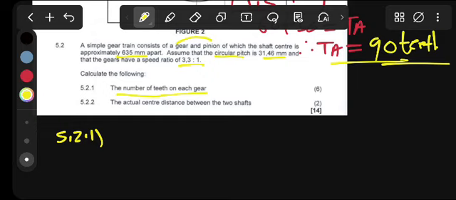Taking advantage of the circular pitch, we know this is given by pi multiplied by the module, which is also equal to the pitch circle diameter divided by the number of teeth. So the circular pitch is equal to pi multiplied by module.